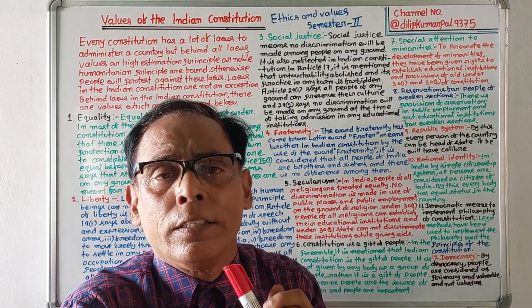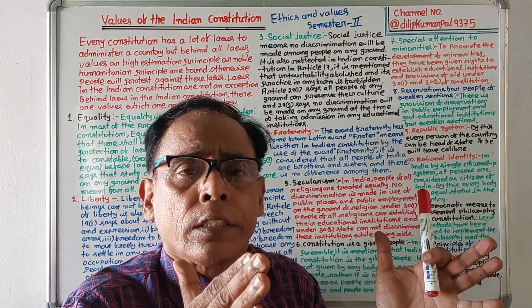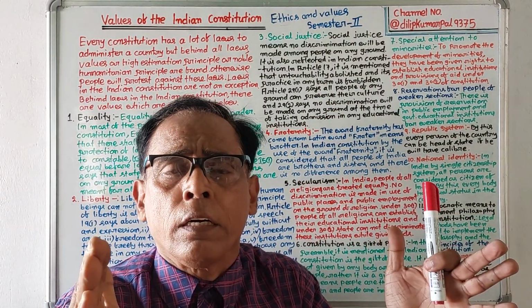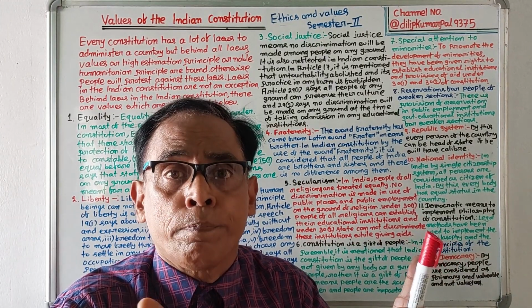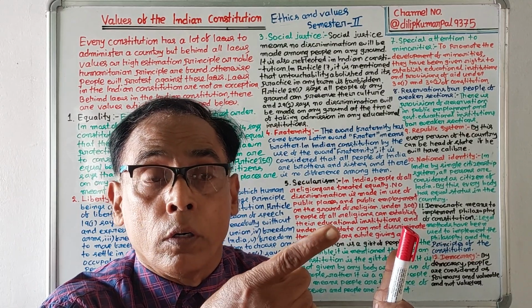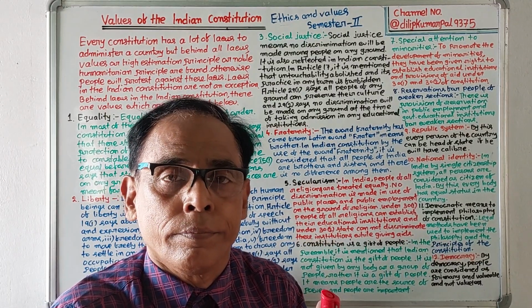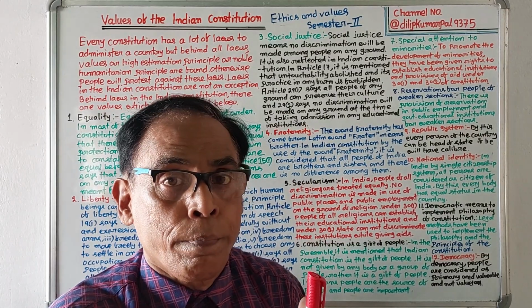So, from most of the provisions of the Indian Constitution, social justice is reflected. In Article 17 it is mentioned that untouchability is abolished and its practice in any form is forbidden. One cannot practice the system of untouchability. If anybody is found, he will be given punishment.